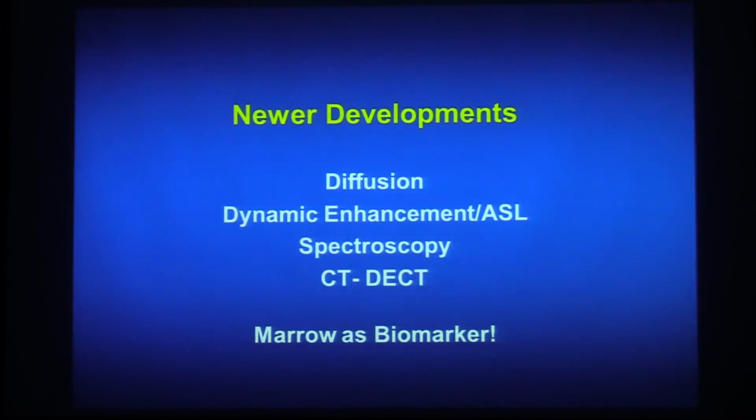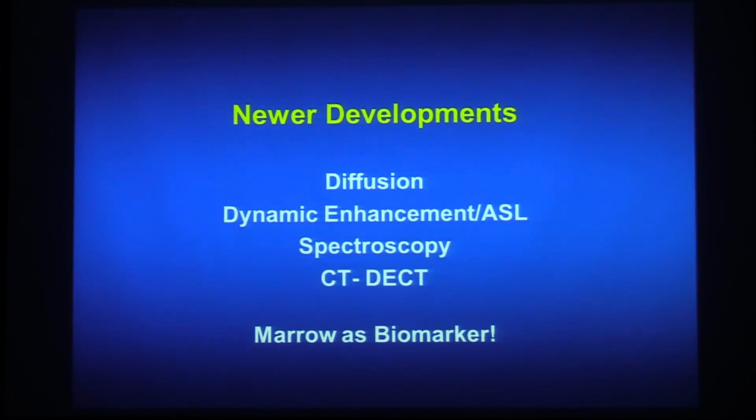There are a few newer developments we won't have time to talk about, but I want to mention them. People are starting to use diffusion imaging to look at marrow. They're looking at dynamic enhancement of marrow and even arterial spin labeling, spectroscopy. There are some exciting developments in CT and dual energy CT to try and understand what's going on in marrow.